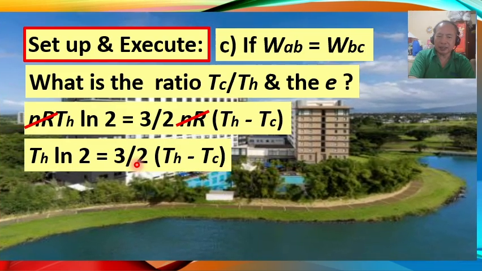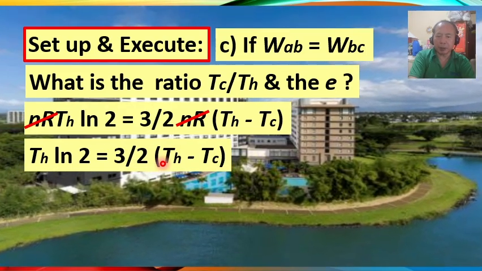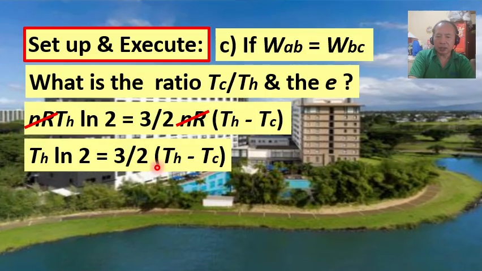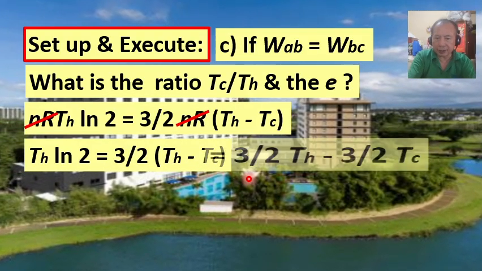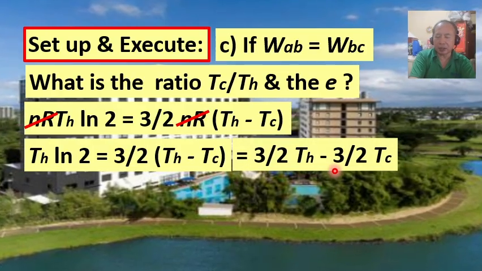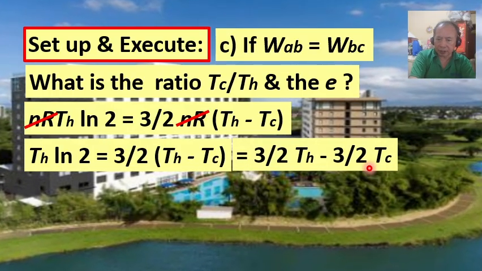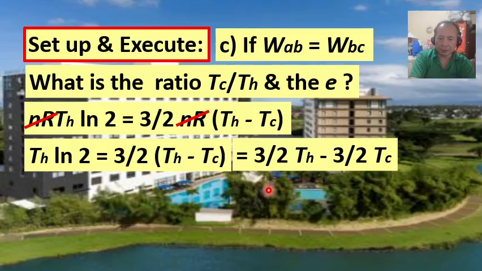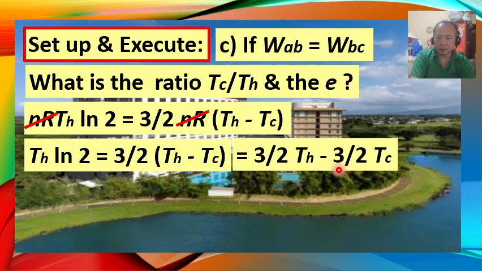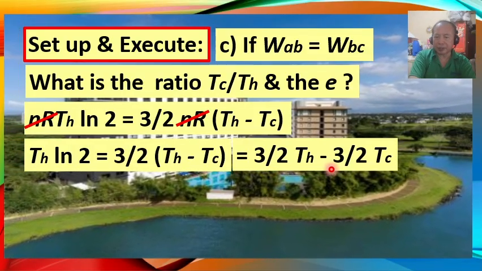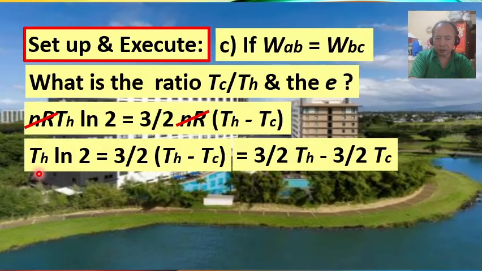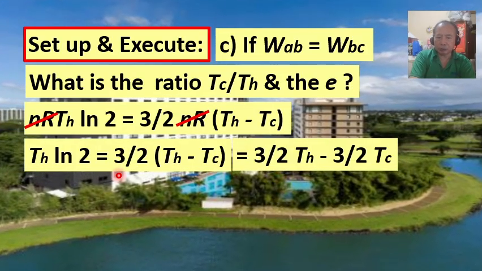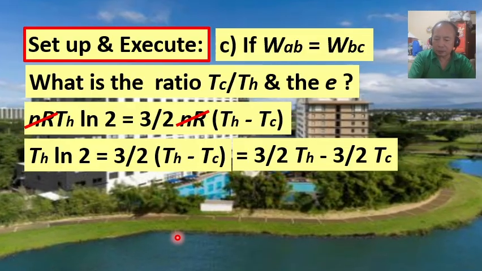And 3 halves will be multiplied to Th and negative Tc, or that is 3 halves Th minus 3 halves times Tc, and transposing negative 3 halves Tc to the left side of the equation, and Th ln 2 to the right side of the equation.